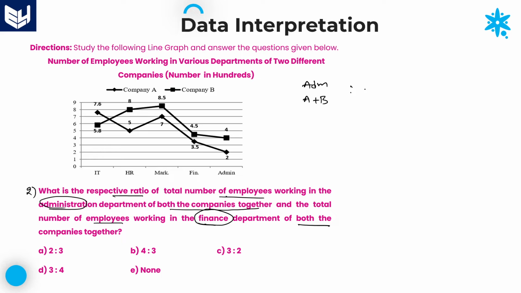Administration department, both the companies together, to the finance department, both the companies together. This ratio you need to calculate.